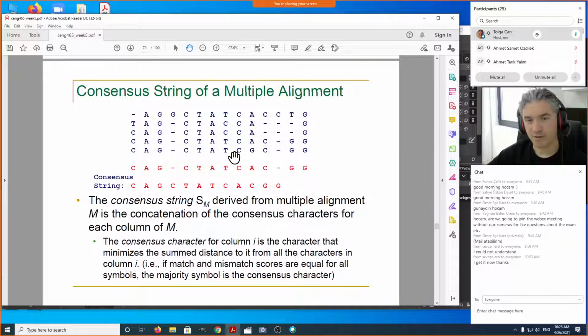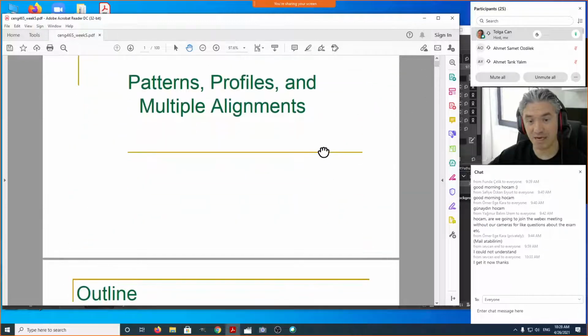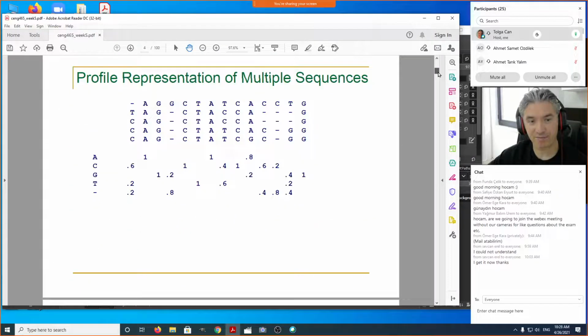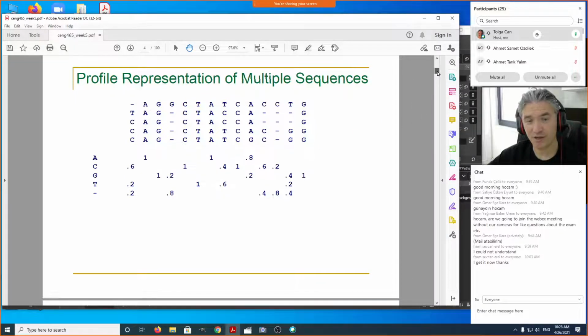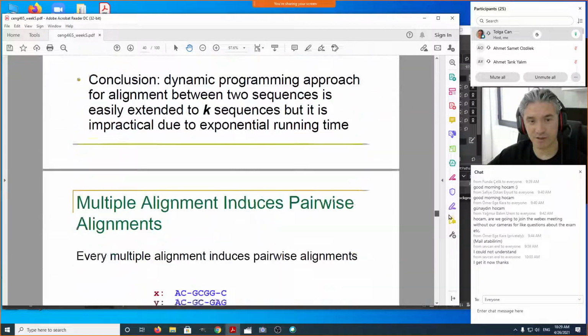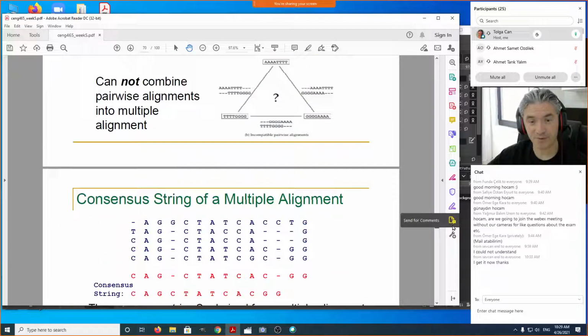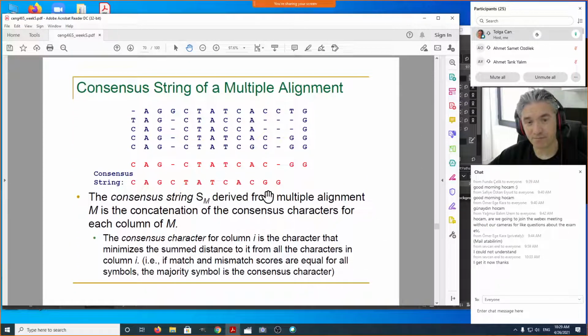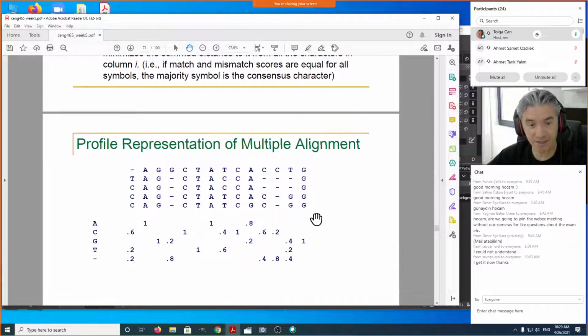The slides in the middle here are actually very similar to what we had at the beginning of this set of slides, the profile. You see this profile representation, it's very similar. It's a revisit of that profile representation because in certain intermediate stages of our progressive alignment building, we will have to represent multiple sequences together as a single sequence, for example as a profile like this.